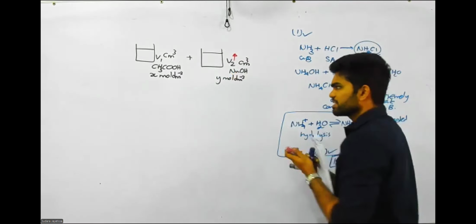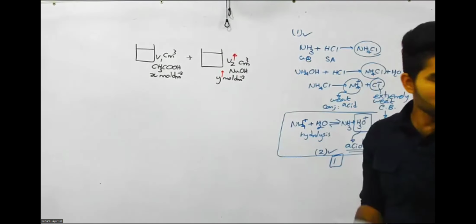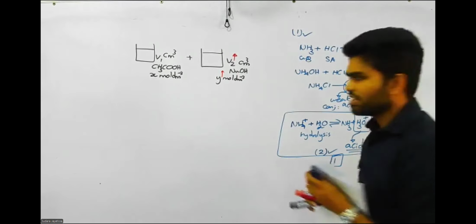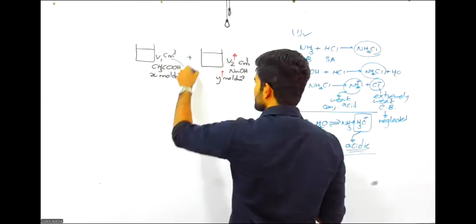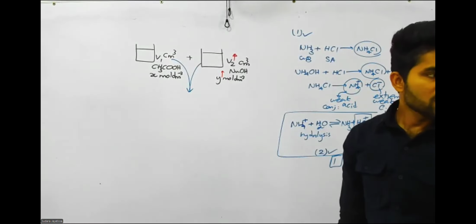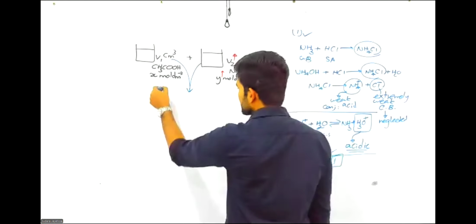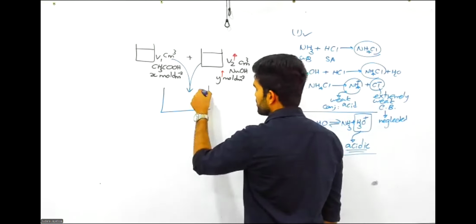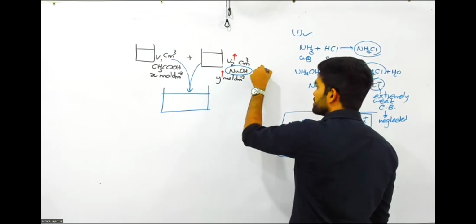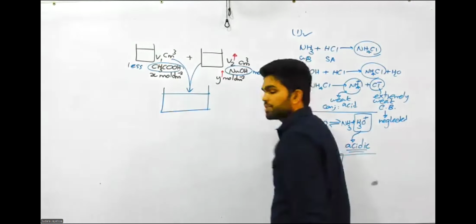Okay, so that's going to tell you one thing. When these two solutions are mixed, what's going to be there at the end? Will it be a buffer? To become a buffer, some acetic acid should remain. But we have more sodium hydroxide and less acetic acid. So what will happen?